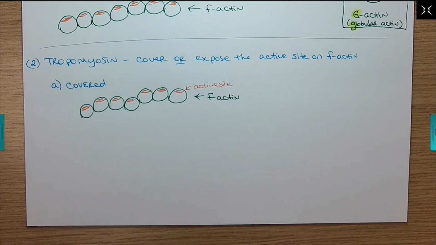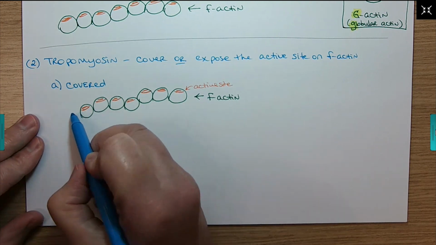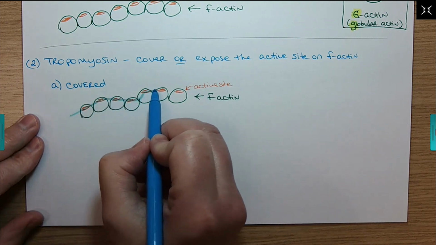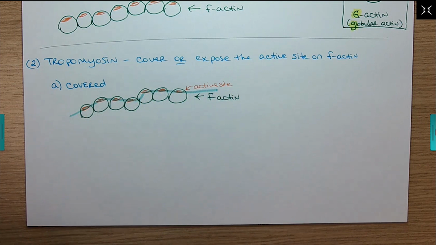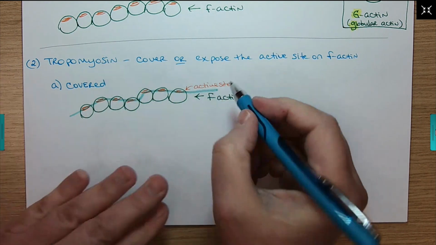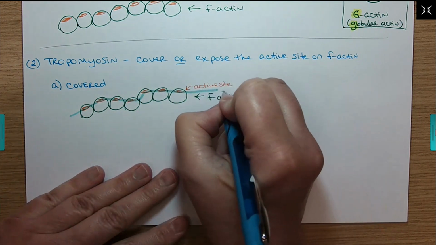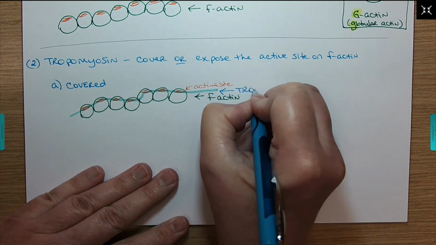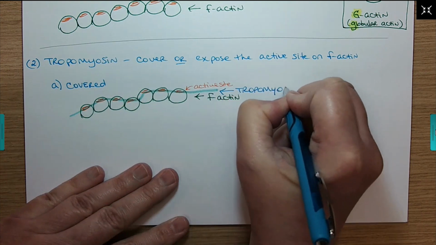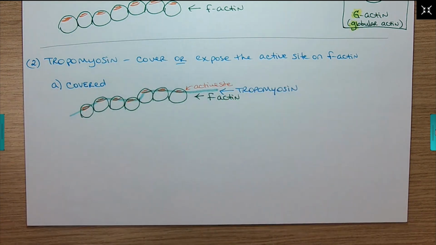Now, in this one, we're going to cover the active site because we said it was covered. So there's our tropomyosin molecule. It just covers the active sites.